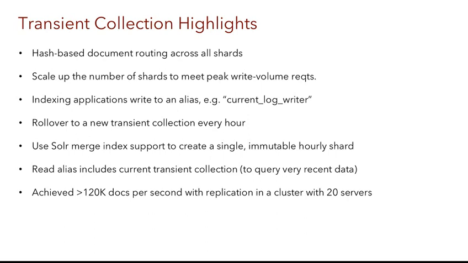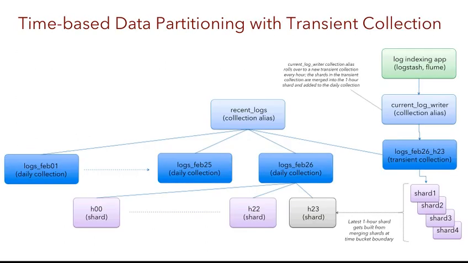But the only other kind of tricky thing I think here is to notice back on this diagram, the recent logs. Again, that's what our Fusion app, for example, the Fusion dashboard, is sending queries to. So notice recent logs is hitting the 25th and it's hitting the 26th, but it also needs to hit the transient collection. And that's so that the recent logs can actually get access to the data in near real time.